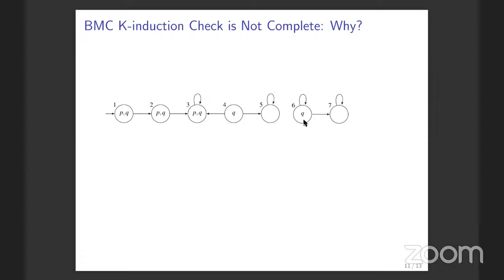If there are paths from P states, the states in which the property holds, here the invariant property is Q, to a not P state that may not be reachable, in this case Q is not reachable, but because there is a self loop into itself, or in general a loop of one or more length, then there'll be infinite, incrementally longer and longer paths from a Q state, that is a property state, to a not P state.